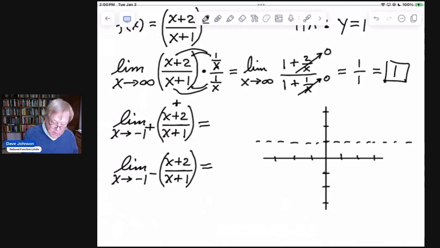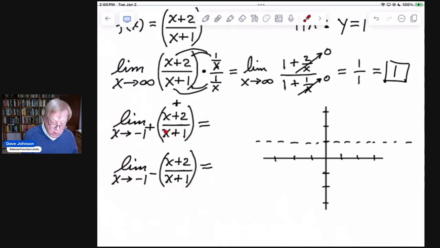But if you're approaching -1 in the denominator from the right in this case, what happens? x plus 1, if you're approaching -1 from the right, you're getting closer and closer to 0, but from values of 0 that are greater than 0.